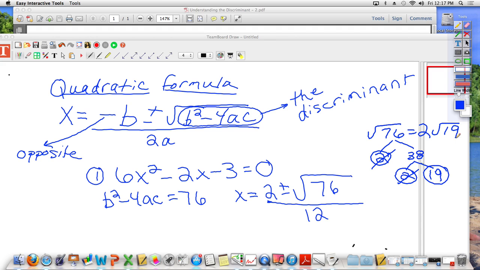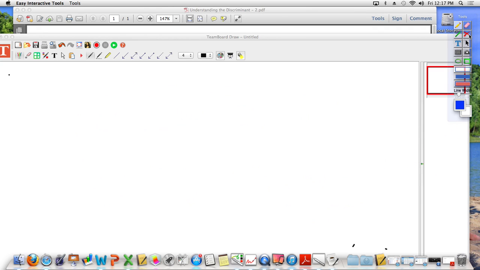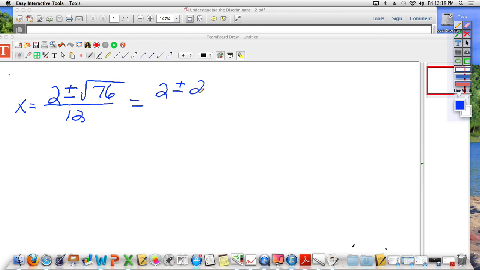All right? I'm going to grab myself a new page here, but I'm going to maybe need some help remembering what this says. We had x equals 2 plus or minus the square root of 76 divided by 12. And we just simplified that and made it 2 plus or minus 2 radical 19 divided by 12.